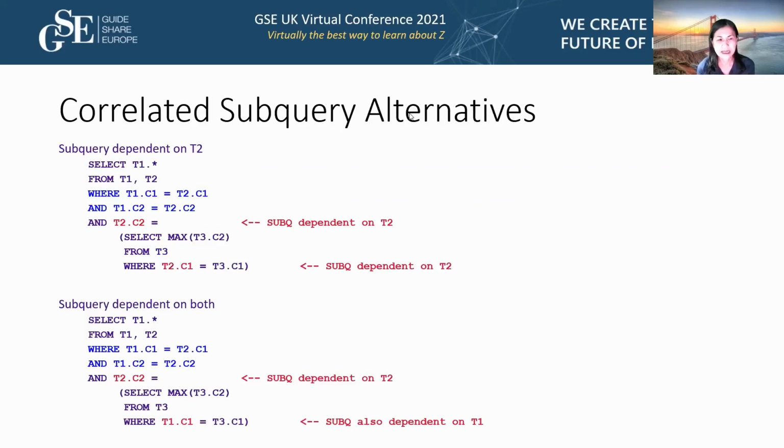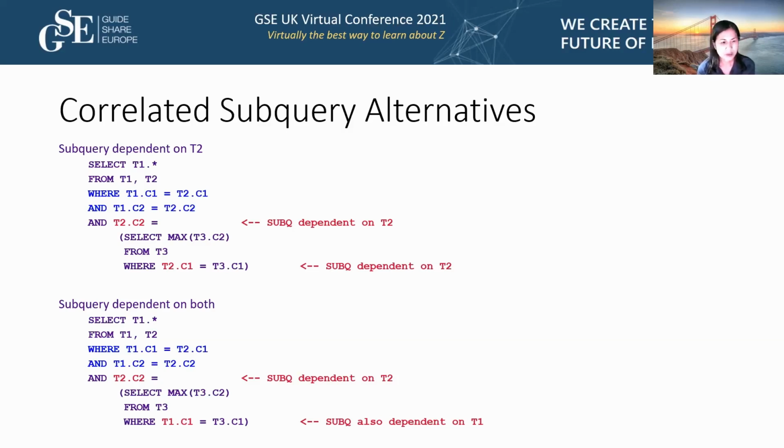The same query can be rewritten into an equivalent query. Since we have a join predicate between T1.C2 and T2.C2, this predicate can be changed to T2.C2. So now this subquery depends on table T2.